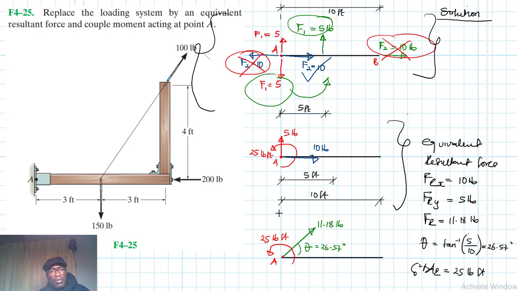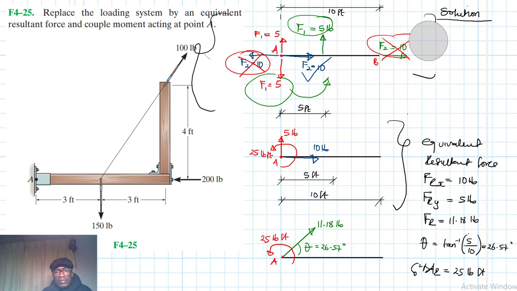Remember, we were solving couple moments using two methods, where you have one method taking moments about a point, or summing up the couple moments, it still gives us the same answer. So I did want to talk about this briefly so that when we start solving this particular problem, we are going to move a little bit faster. I hope this has provided some insight on what we are going to be basically doing.